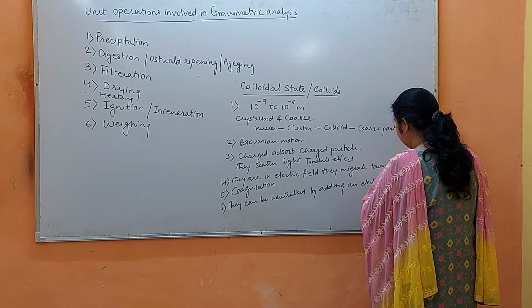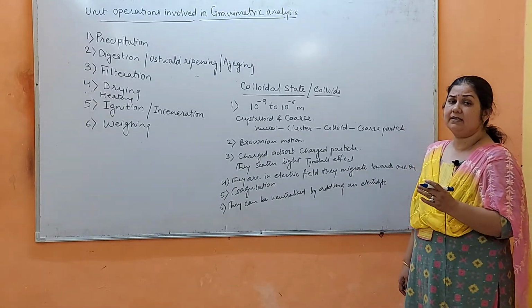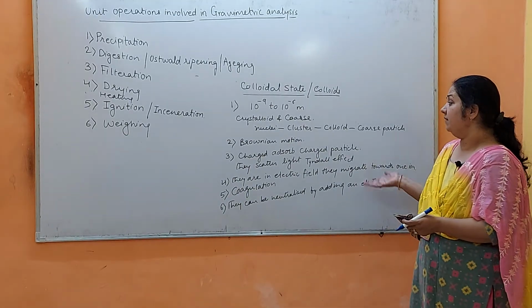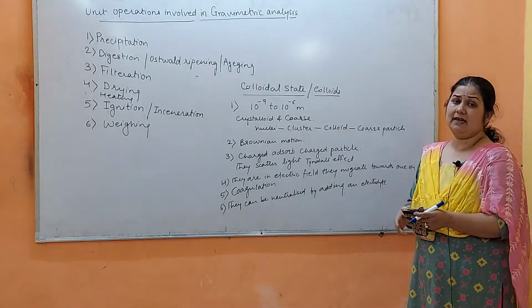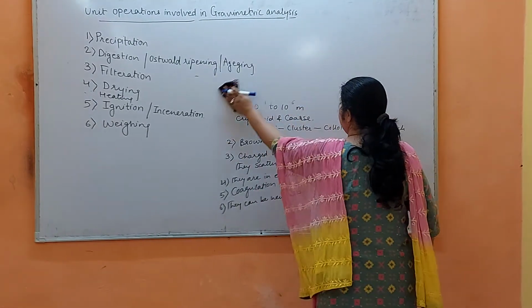If the size becomes small, they can go into the solution, and this is called peptization. And to avoid peptization, we need to maintain the size of this. So this was about the colloidal state and colloids.